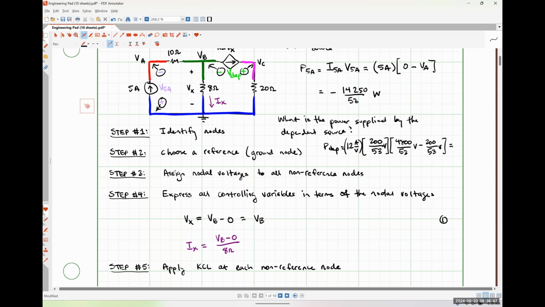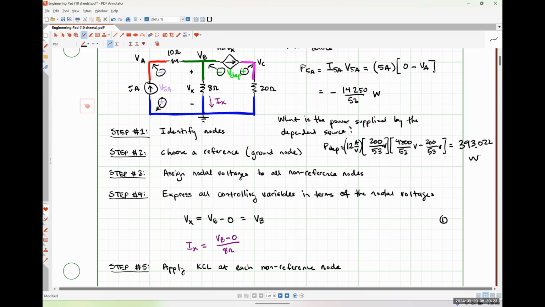If I toss this into my calculator, 1.2 times 200 over 53 times 4,600 over 53, I wound up getting 393.022 watts.